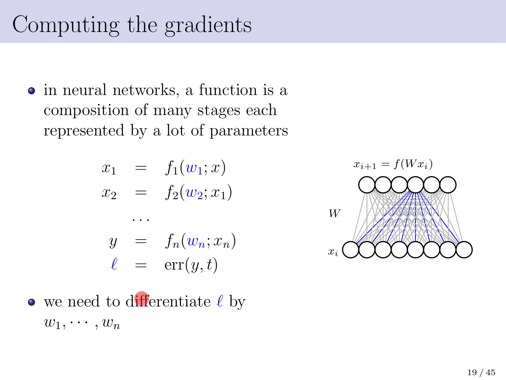So mathematically speaking, you have to be able to differentiate this loss L by each of W1, W2 through Wn. This is what you have to be able to do mathematically to implement a neural network.